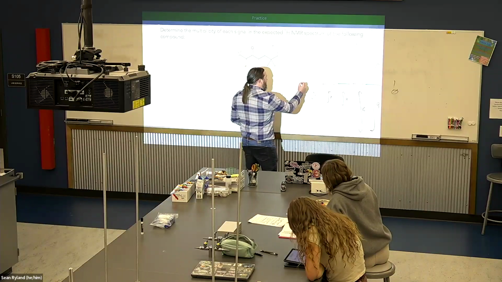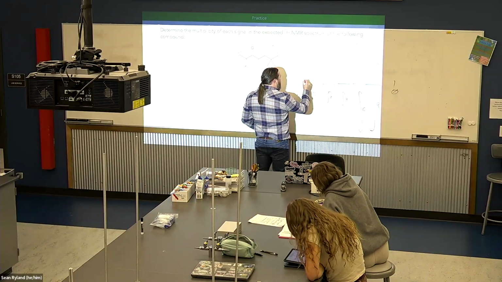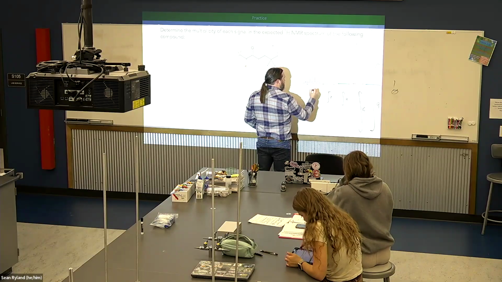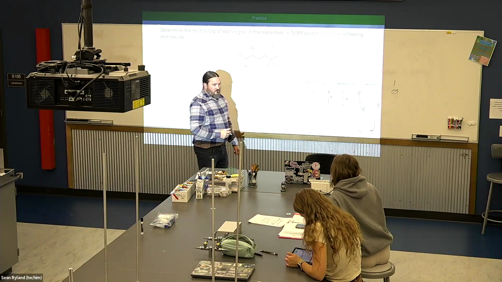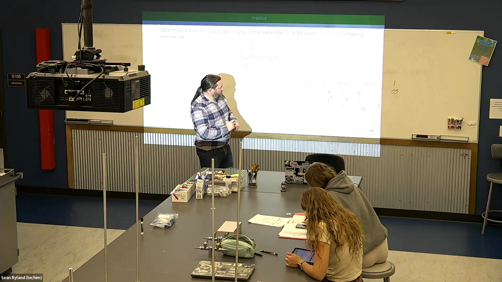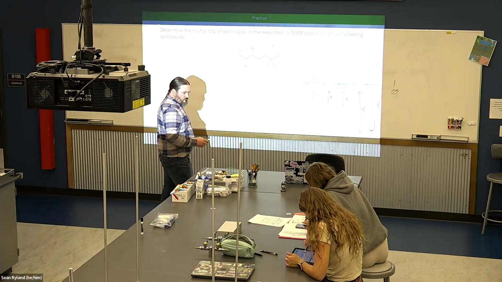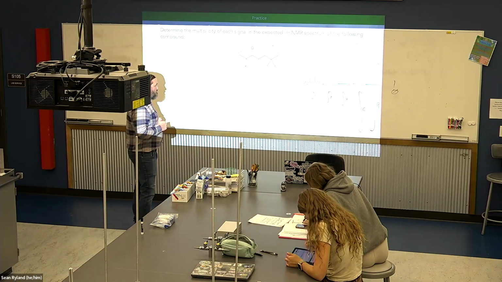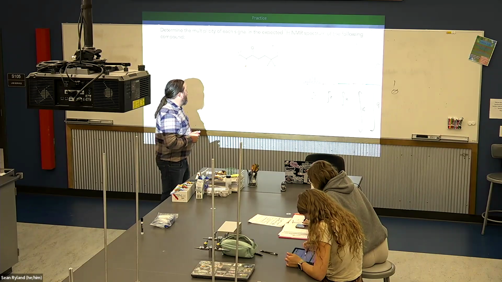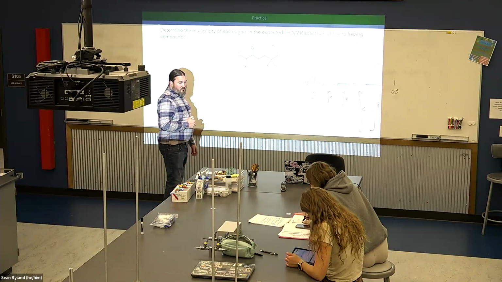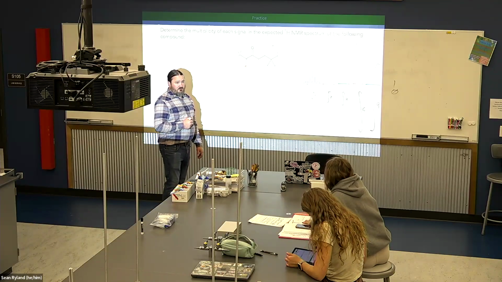So the peak should look something like 1, 2, 3, 4, and then just mirror it. And we would say that that's a multiplicity of 6. 6 nearest neighbors.